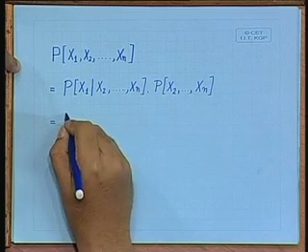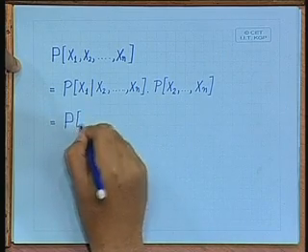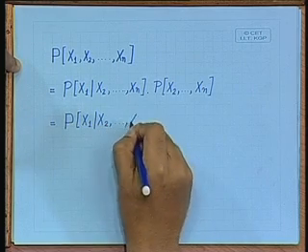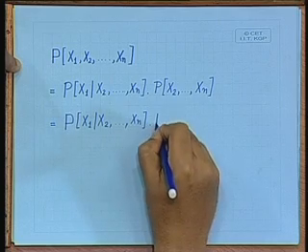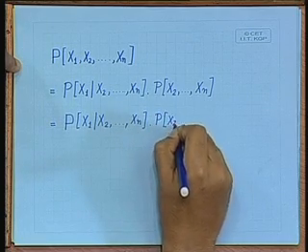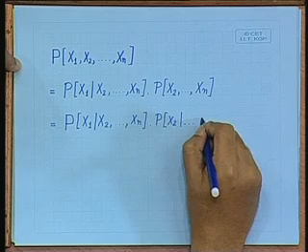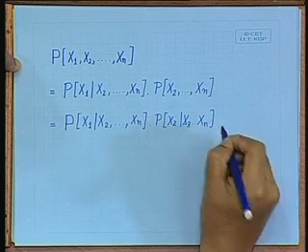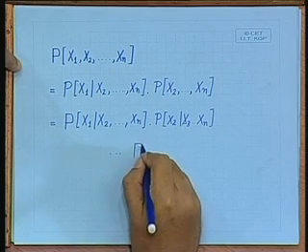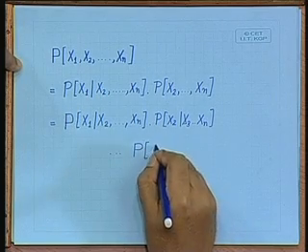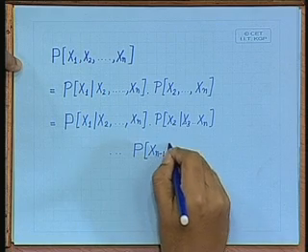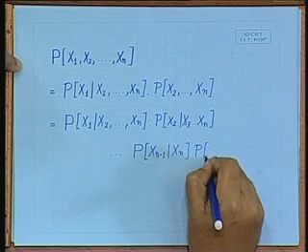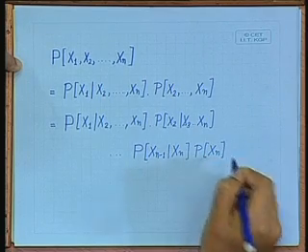So, if we do that, then what we are going to have is probability of x1 given x2 through xn, times probability of x2 given x3 to xn, and so on until we have probability of xn minus 1 given xn times probability of xn.